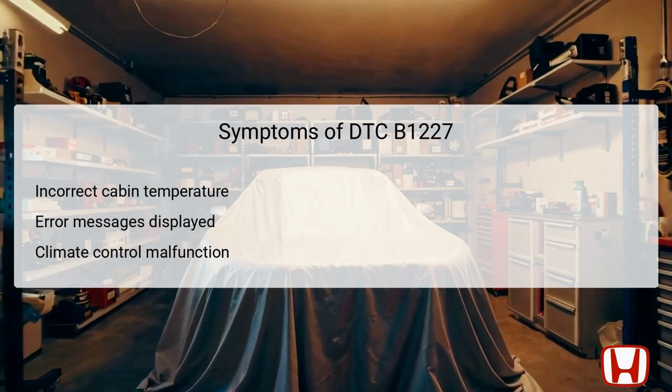Anomalies such as error messages might also be displayed on the dashboard, indicating a fault in the climate control system. Furthermore, the climate control unit may exhibit total malfunction, failing to regulate temperature or control the air distribution properly. Recognizing these symptoms early can help in diagnosing the issue efficiently, preventing further complications.